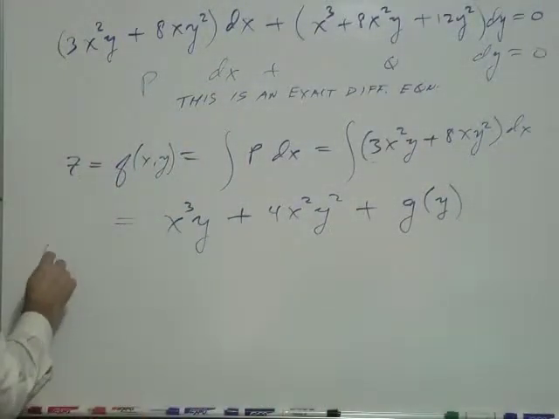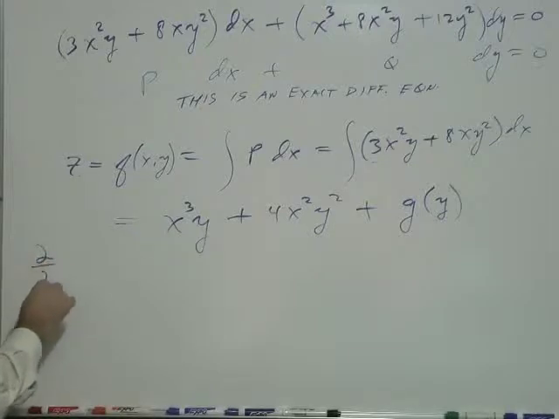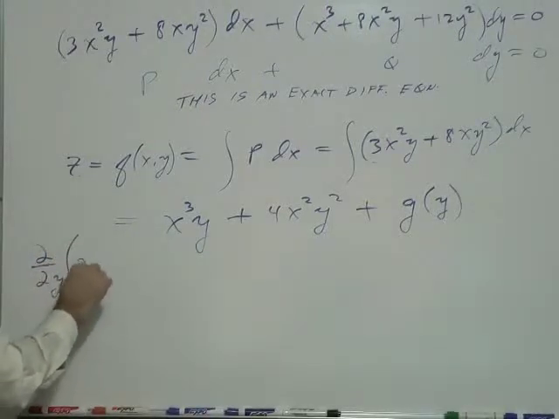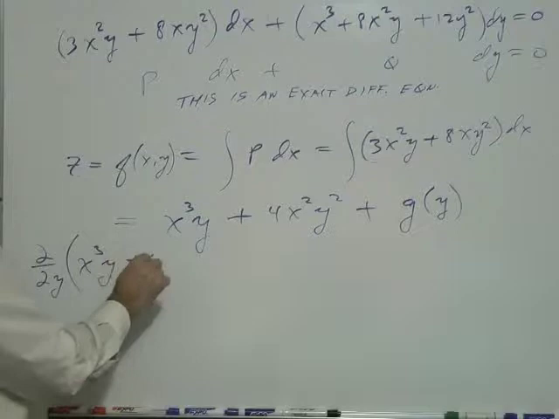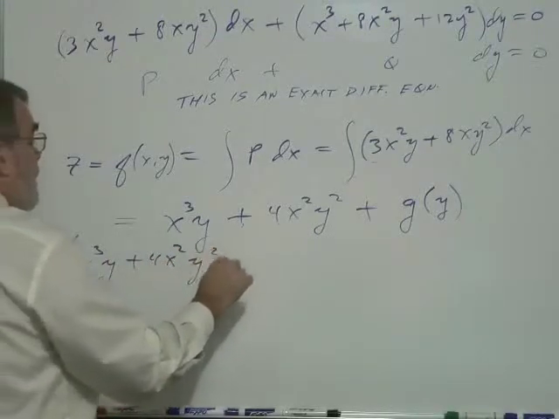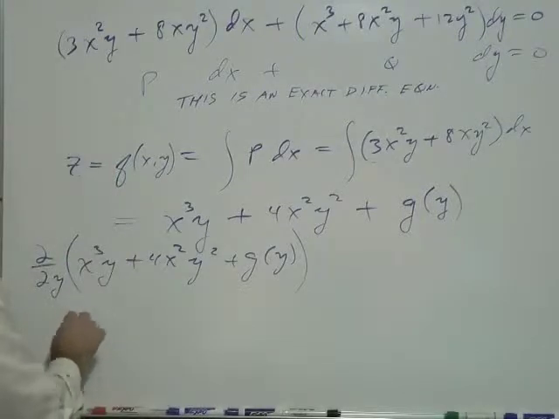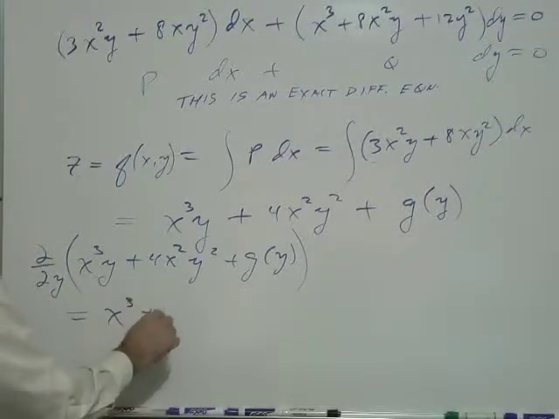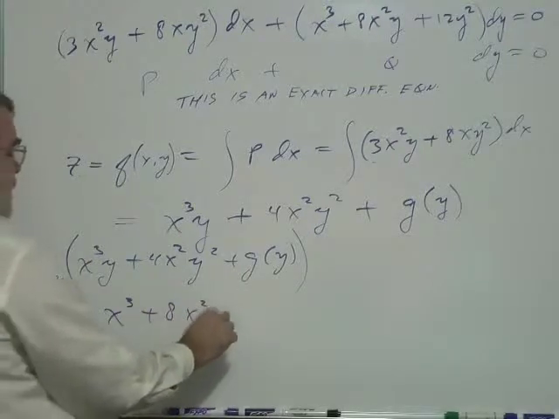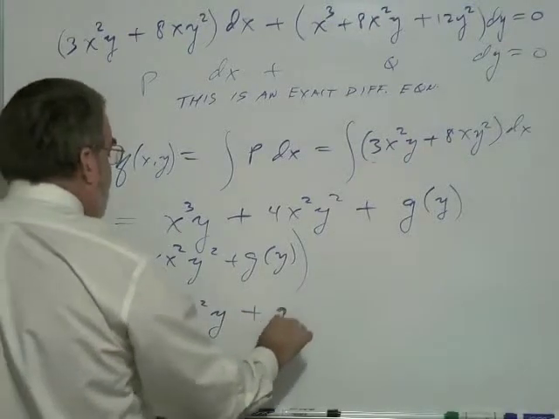So now I take the partial with respect to y of x cubed y plus 4x squared y squared plus g of y, and we get x cubed plus 8x squared y plus g prime of y.